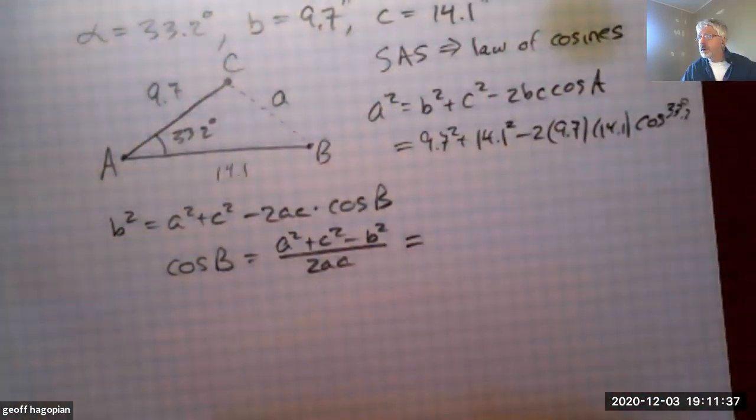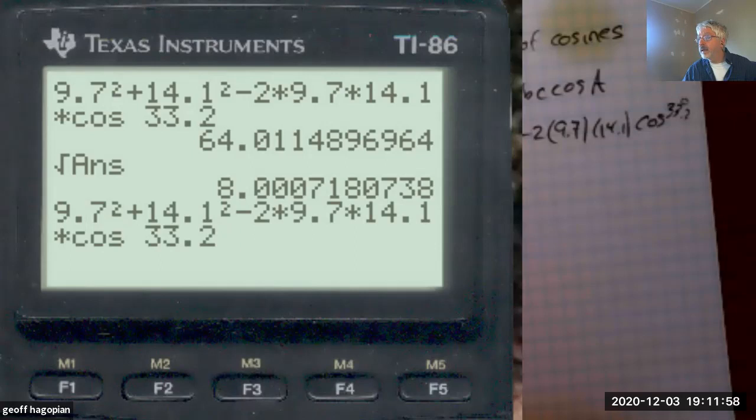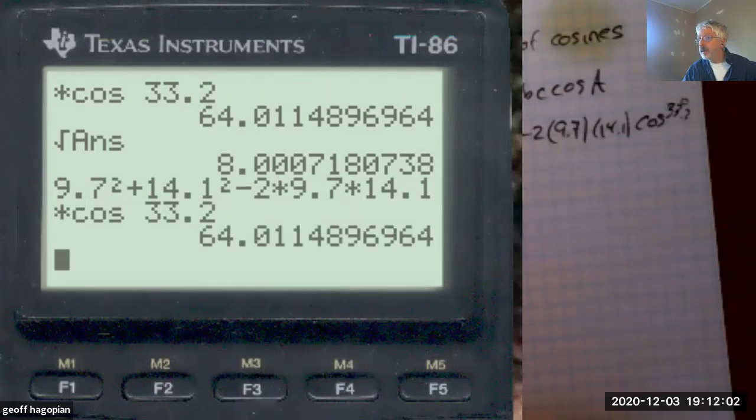The nice thing about the TI-86 that is not true on the 85 is that you can get the previous answer. If I say second entry, that's not what I want, I want the one before that. So I say it again, and it computes this value again, which turns out to be 64.